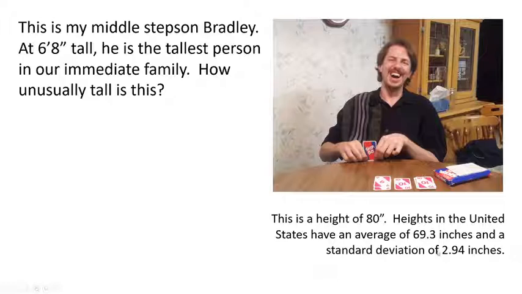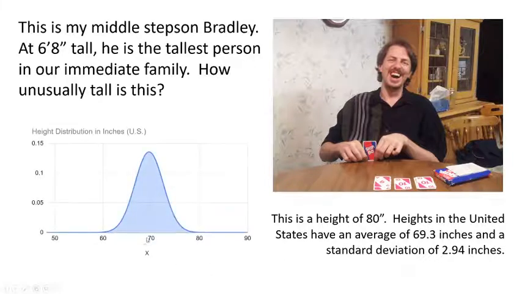Okay, so we can use these statistics to figure out how unusual it is that he's got a height of 80 inches. Well, the normal distribution here with a center around 69.3 would be about here, and it's got a standard deviation of just under 3 inches here on both sides. Okay, so Bradley is here at 80.